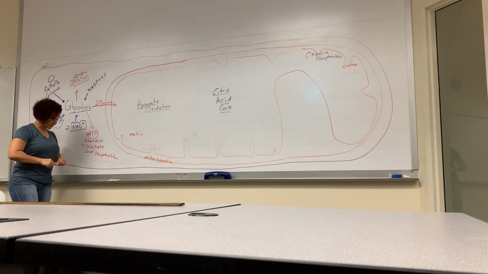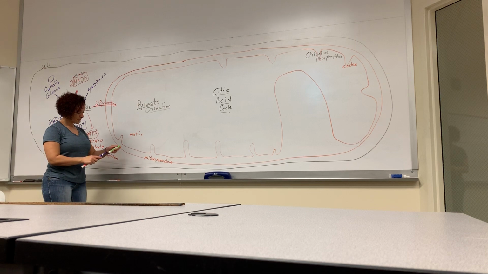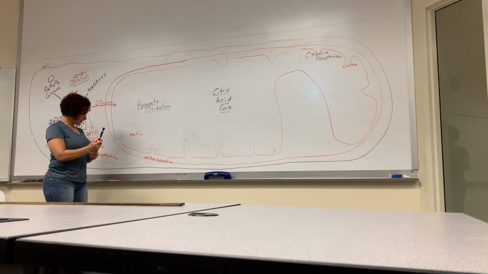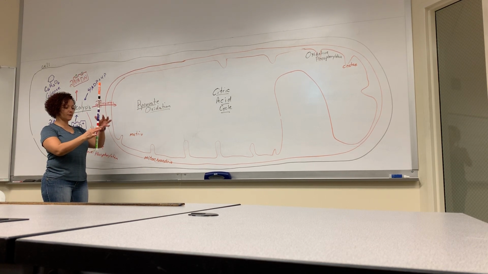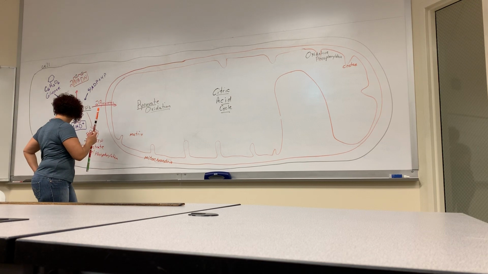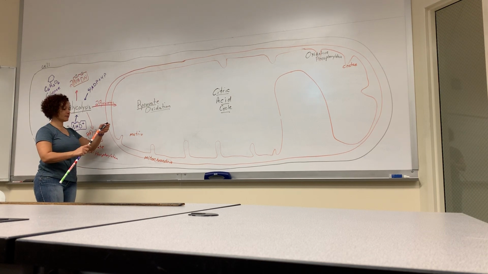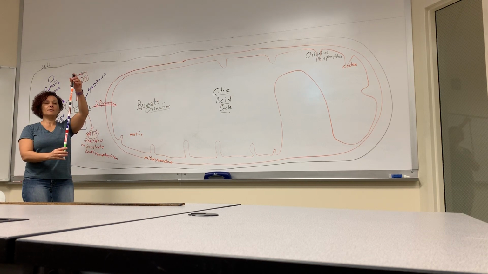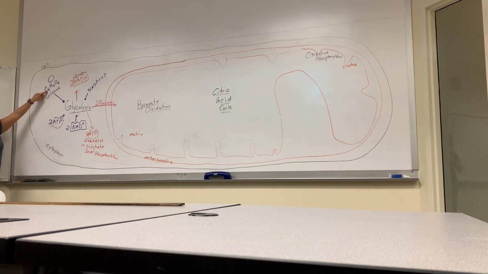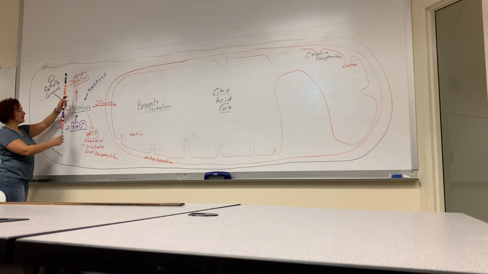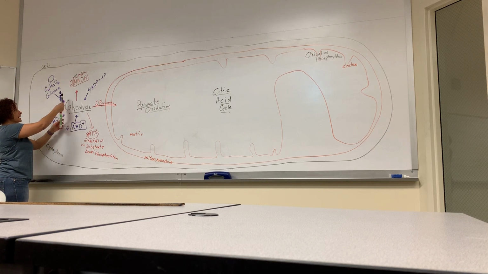So I'm going to walk you through this with my beautiful markers. These markers are carbons. 1, 2, 3, 4, 5. We need one more, and 6. This is my 6 carbon molecule called the glucose. Glucose is going to go into glycolysis. When it goes into glycolysis, right away it's going to split like that.